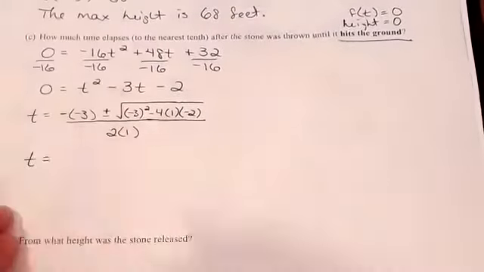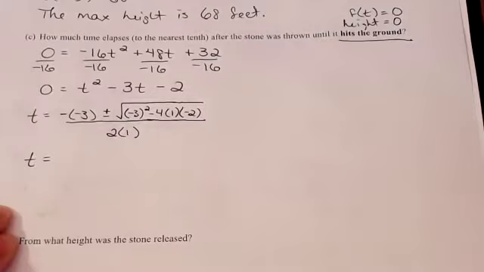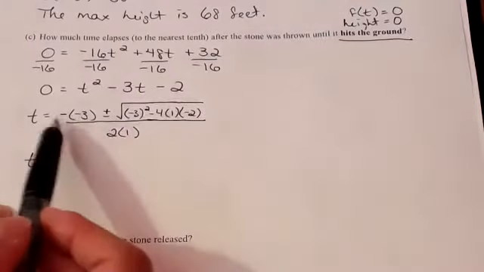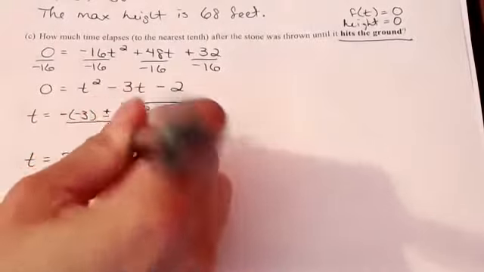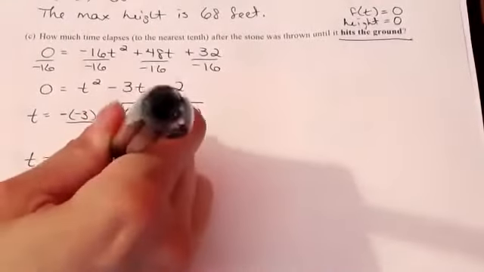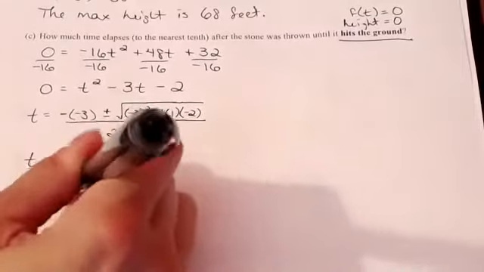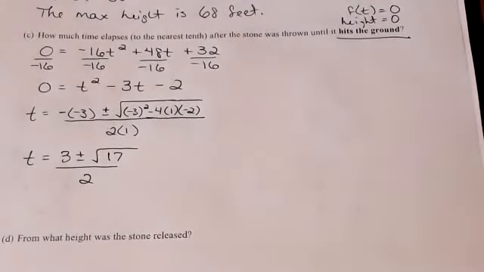So we have t is equal to, clean this up, -3 is a +3, plus or minus the square root of 17 underneath that radical, and then all over 2. My advice, just plug this in. We're looking for a value, right? We're looking for how much time actually elapses.